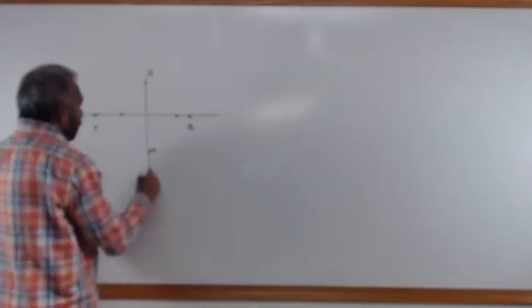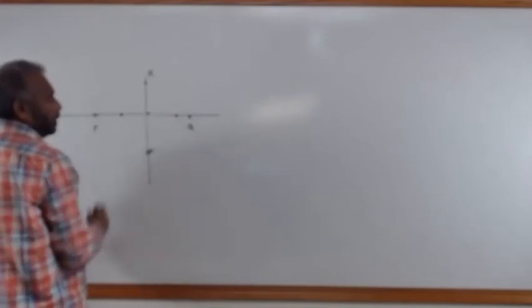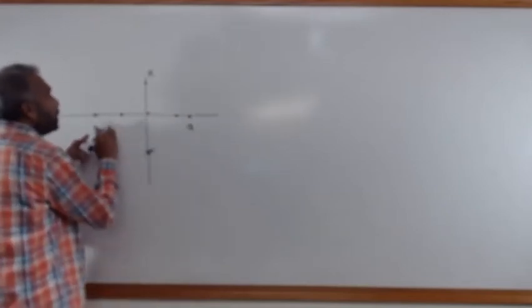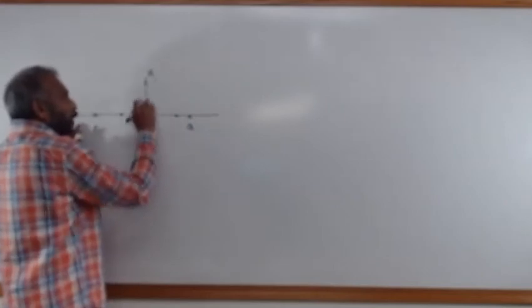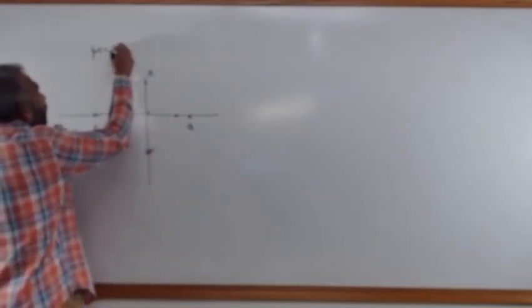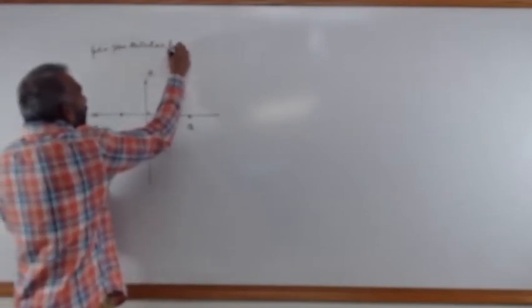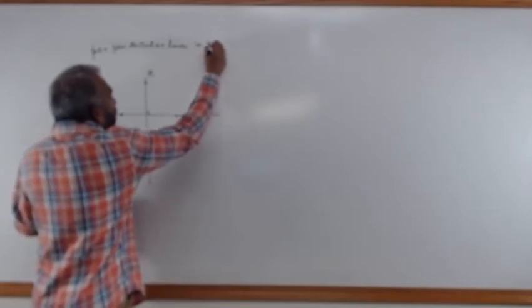So you can draw a line like this. This will be perpendicular. So given a line and a point, you can draw a perpendicular line.